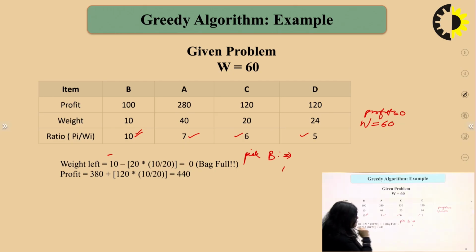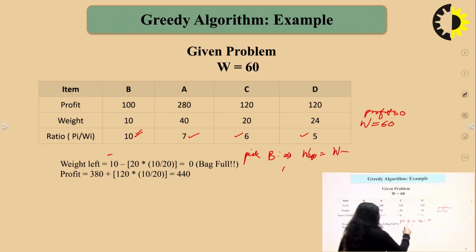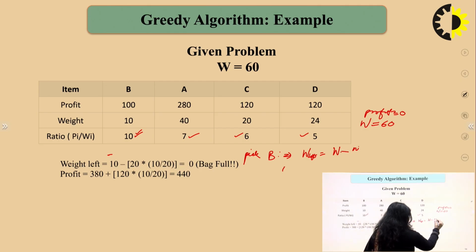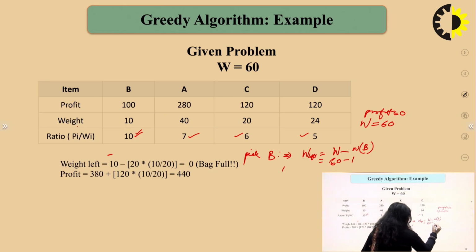Now, if I pick up B, then the weight left will be equal to W minus weight of B. W is 60 here, and the weight of B is 10.